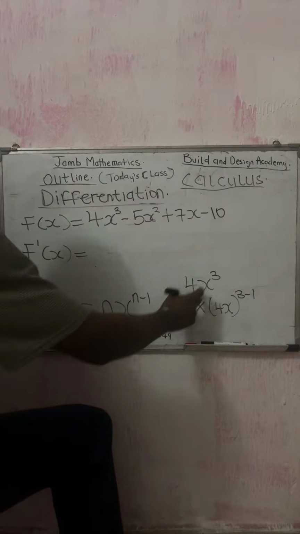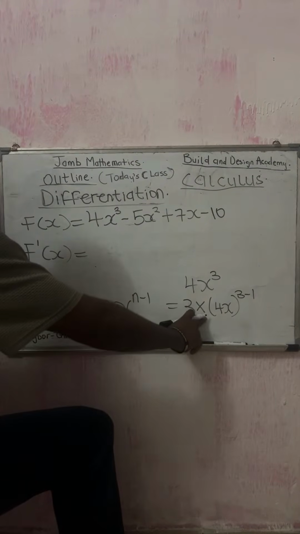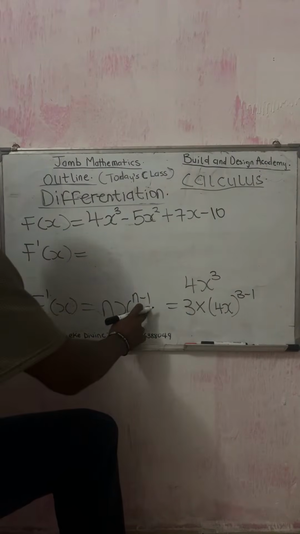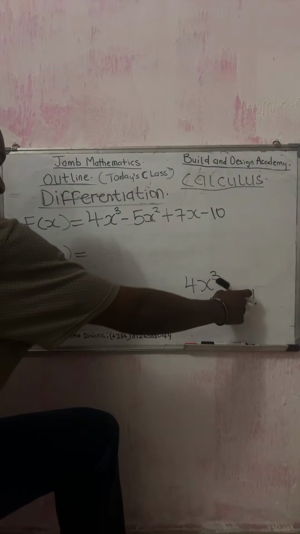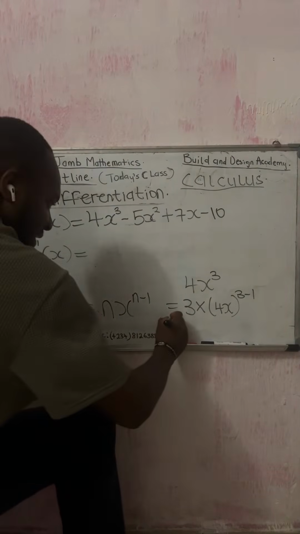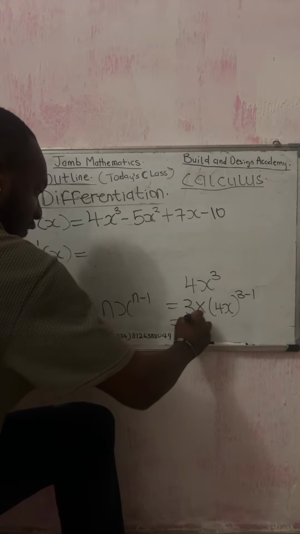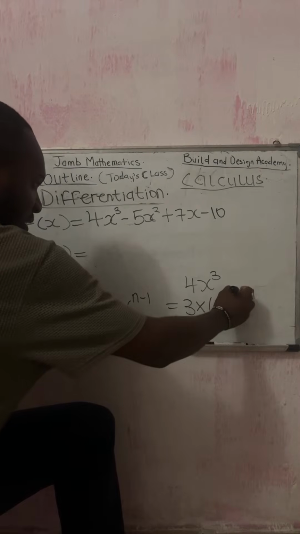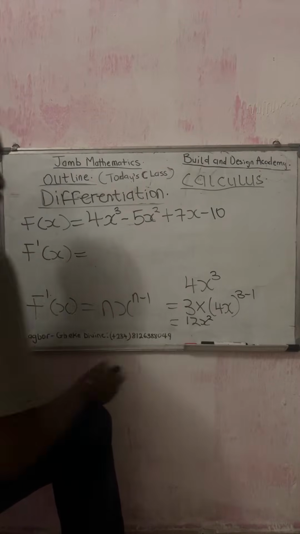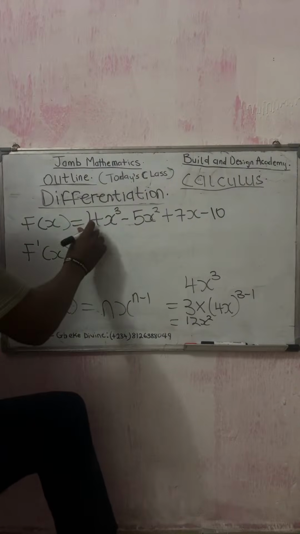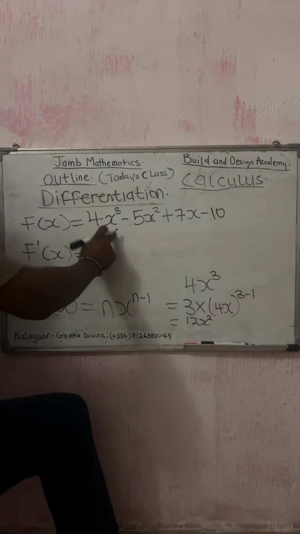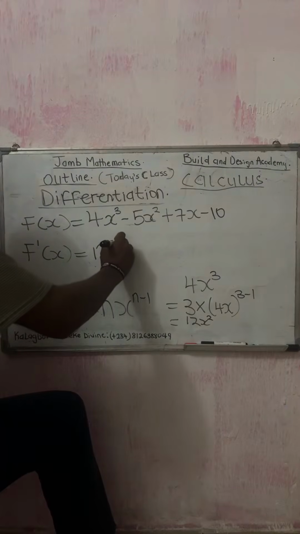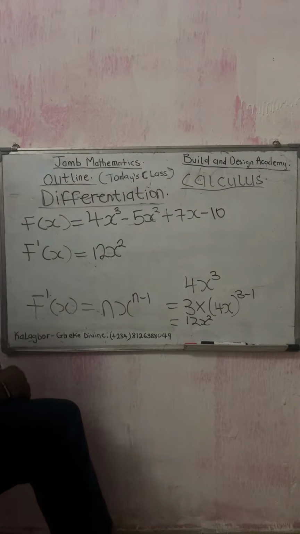So we'll do n, which is 3, times 4x raised to the power n minus 1. And n is 3, so it will be 3 minus 1. So we have our final answer to be what? 3 times 4 is 12, so 12x. 3 minus 1 is what? 2. So if we take the first derivative of 4x raised to the power 3, we have 12x raised to the power 2.